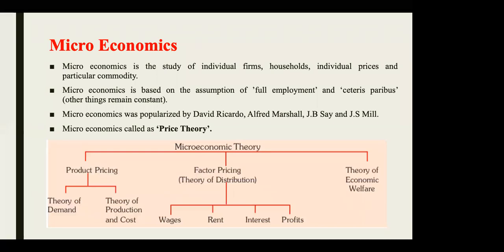And when you come to factor pricing, we determine how much wages, or how much rent, interest, and profits are to be paid for the factors of production. Under theory of welfare, we see Walrasian different equilibriums and general equilibrium models, and these are the things we study in economic welfare.